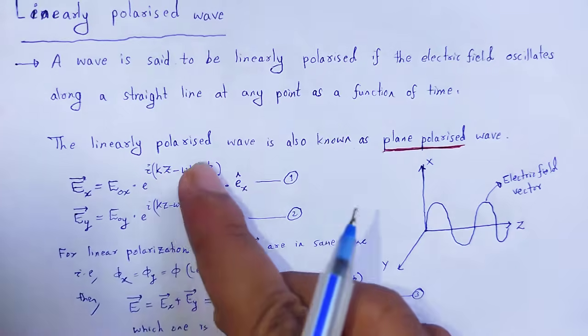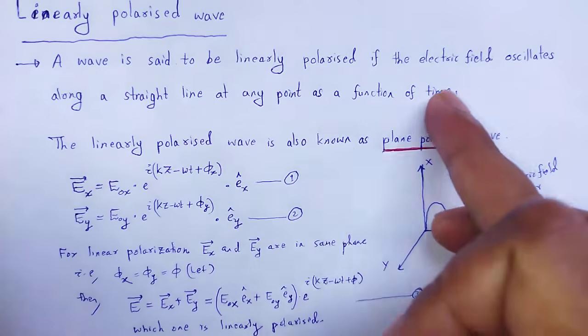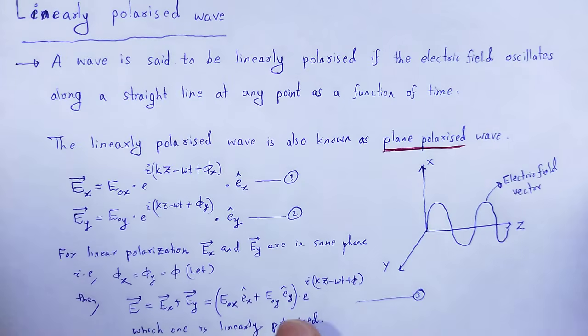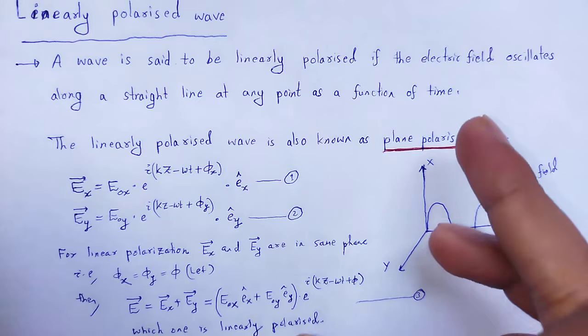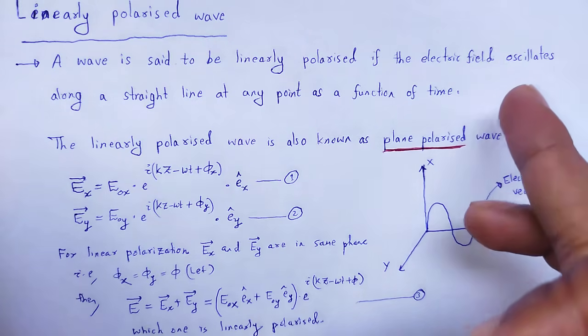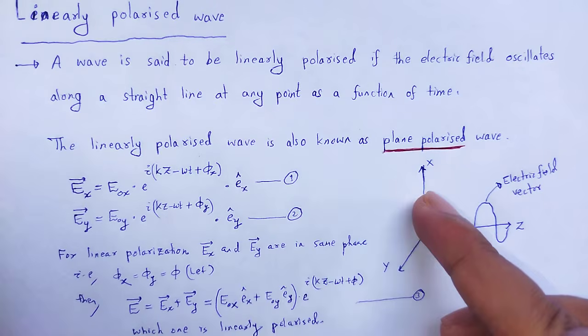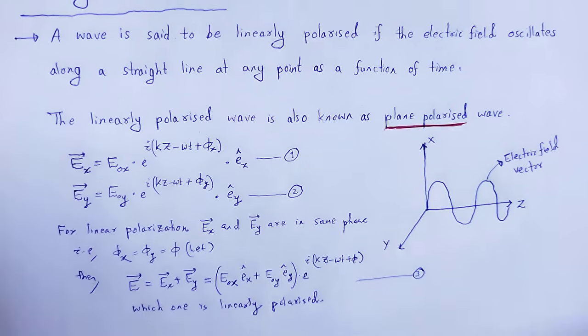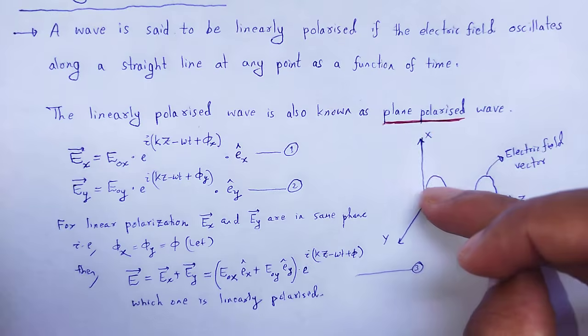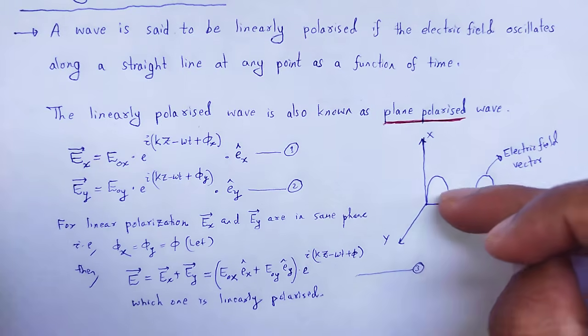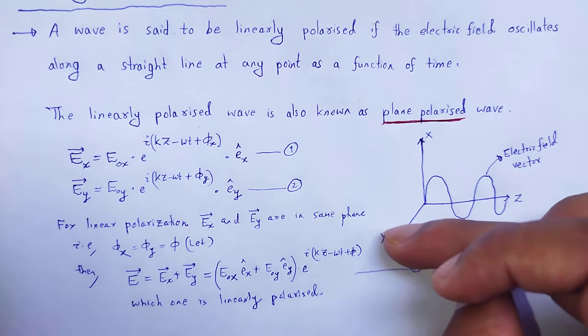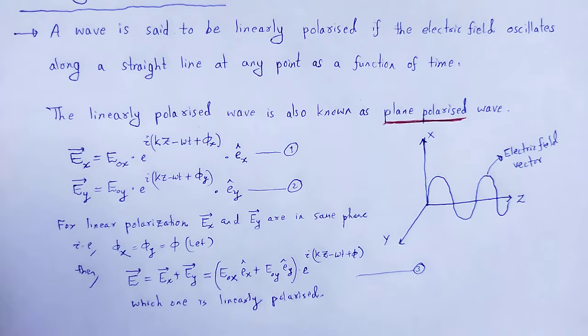The linearly polarized wave we call a plane polarized wave. The electric field oscillates along a straight line at any point as a function of time. So, either it is oriented in x or in y.